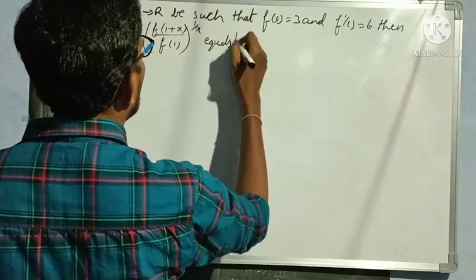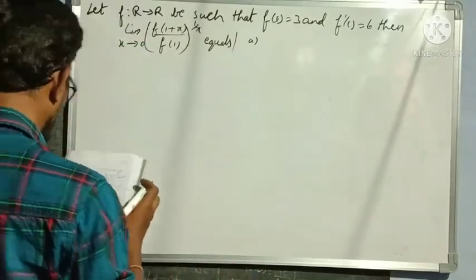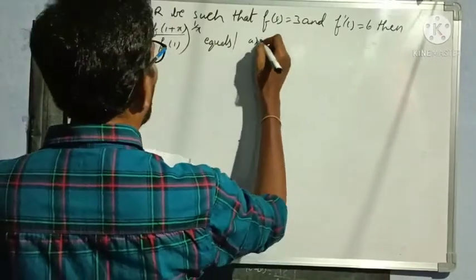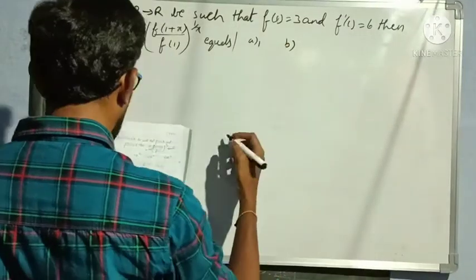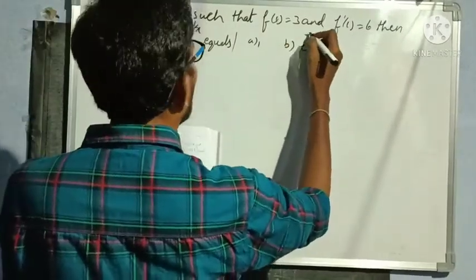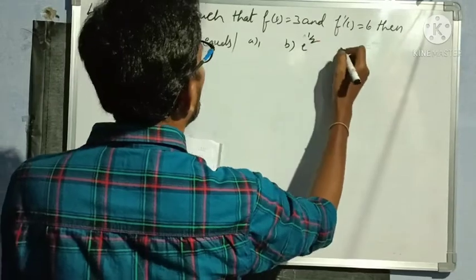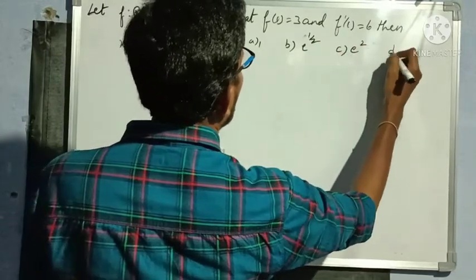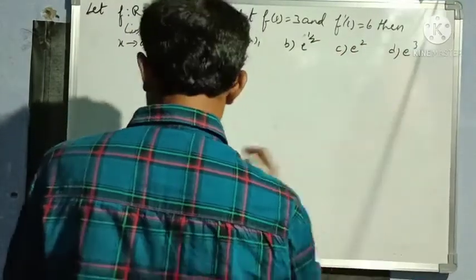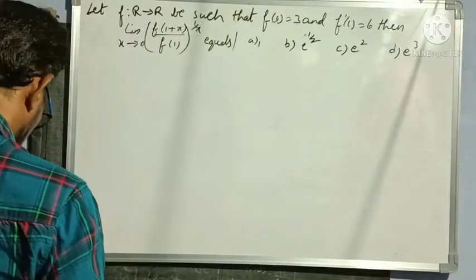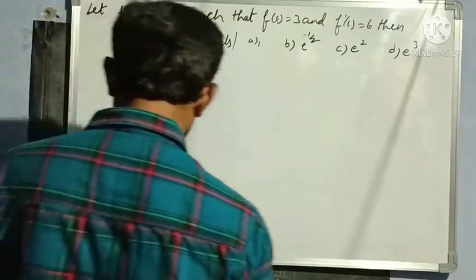And options are given. Option A is 1, option B e power 1 by 2, option C e square, option D e cube. Okay. So first let us see what is this form.